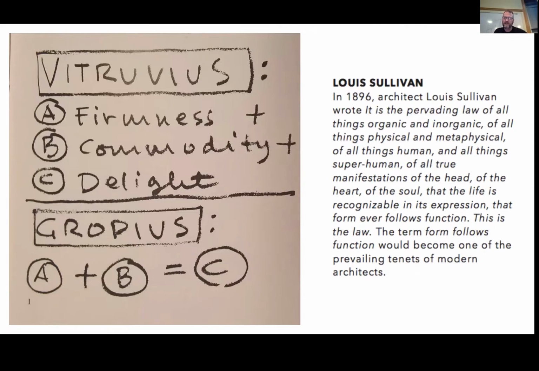In 1896, architect Louis Sullivan wrote, "It is the pervading law of all things organic and inorganic, of all things physical and metaphysical, of all things human and all things superhuman, of all true manifestations of the head, of the heart, of the soul, that the life is recognizable in its expression, that form ever follows function." This is the law. We didn't focus on "the life is recognizable in its expression." What we've been focusing on in modern architecture forward, especially, is the functional part of this.